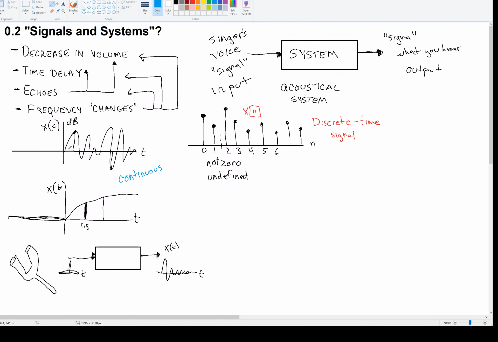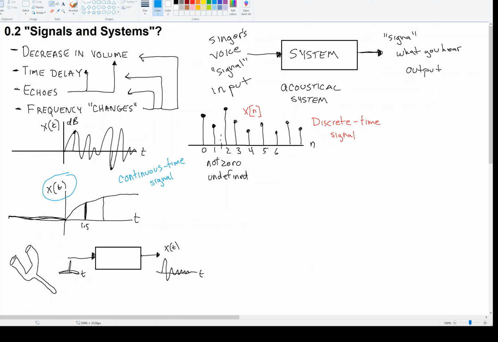Continuous because the value of the independent variable time forms a continuum, so I can plug in any value I want there. And because most of the signals we're going to look at have an independent variable of time, we're going to call this a continuous time signal. Again, we're using this notation here, x parentheses t.